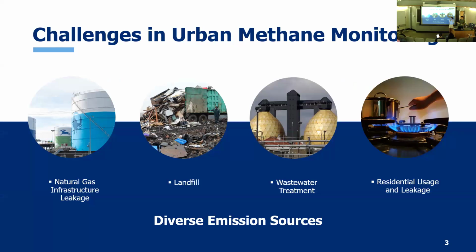Well, first of all, methane emissions in urban settings like Baltimore come from diverse and complex emission sources, from natural gas and infrastructure leakage to landfills, from wastewater treatment to residential usage. This complex mix really makes the whole urban landscape a mosaic of different methane hotspots.